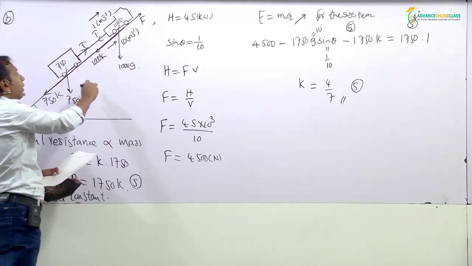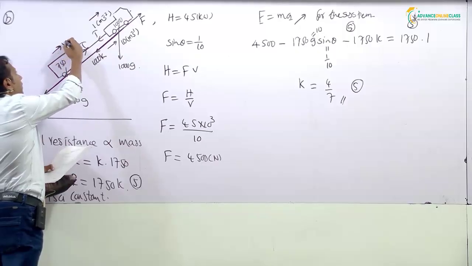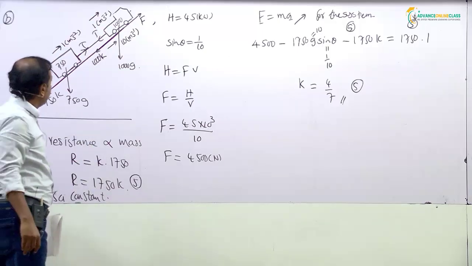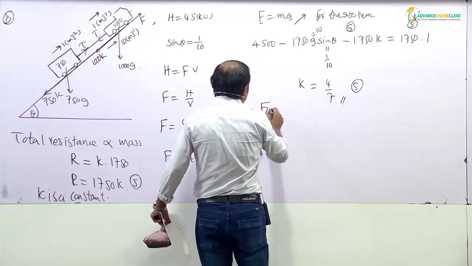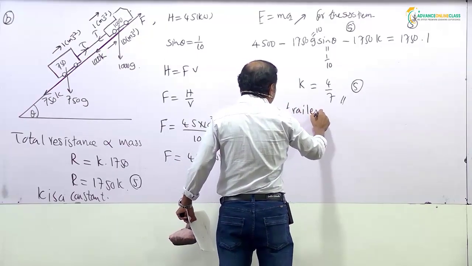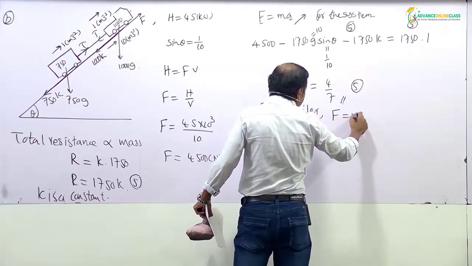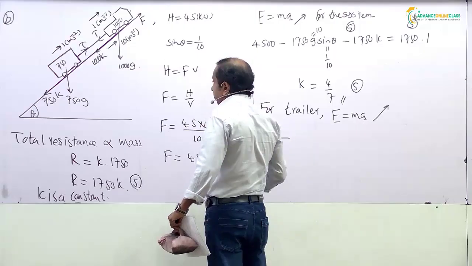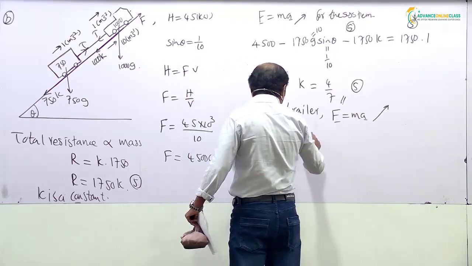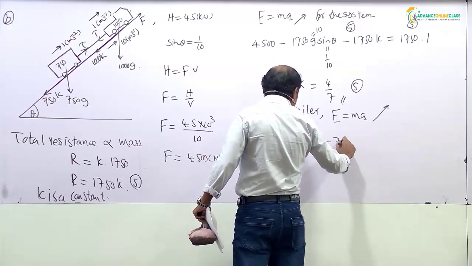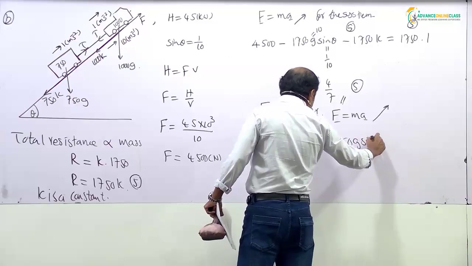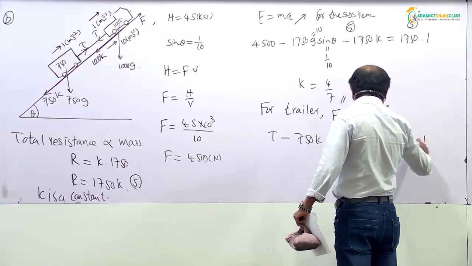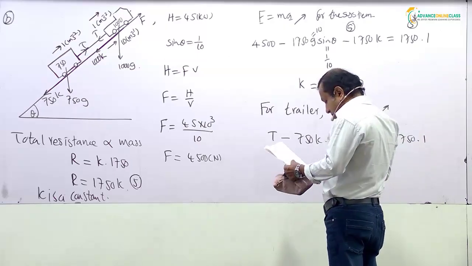At this moment, the trailer moves with acceleration 1 meter per second squared. Then for the trailer, F equals ma: T minus 750 K minus 750 g sine theta equals mass 750 times acceleration 1.